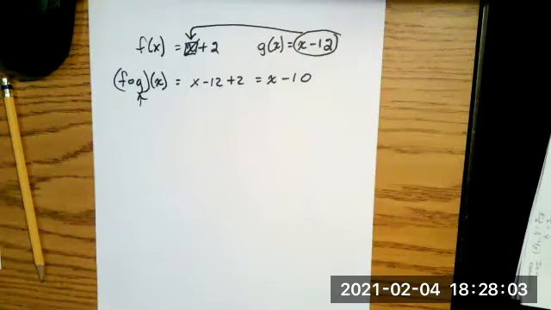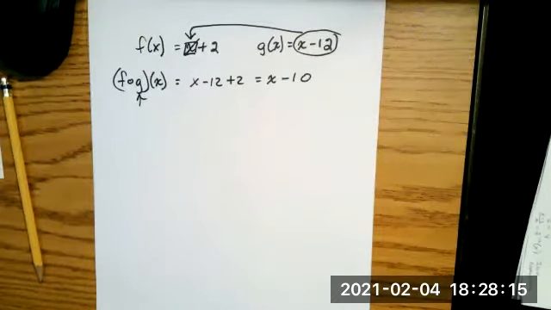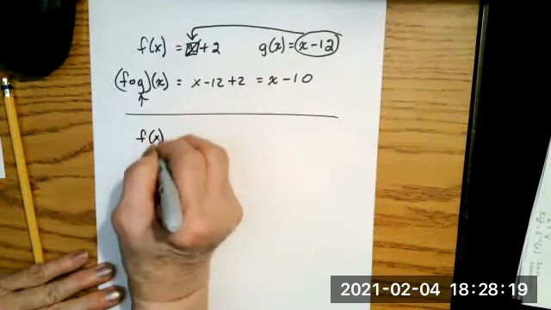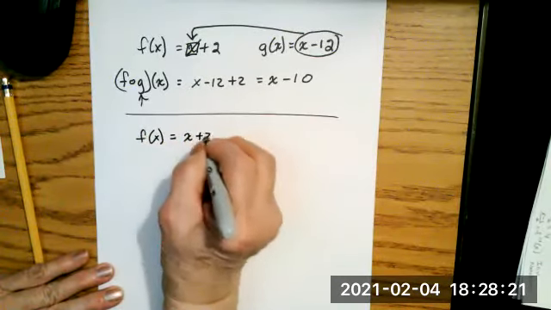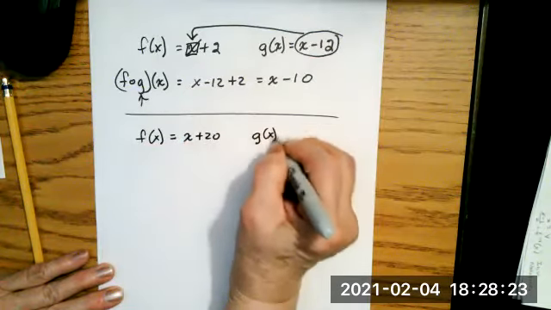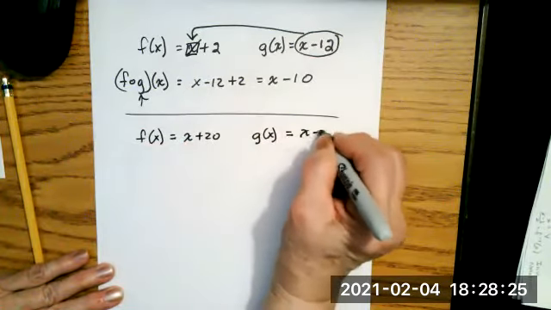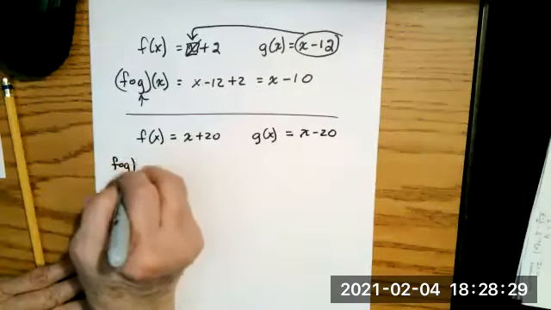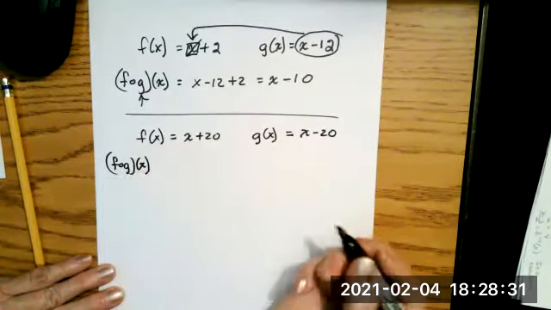Did anyone else have an issue with this one? I don't have that on my list of issues. That's really weird. See, I don't know if you can see it, guys, but I had one that a couple of people missed: f of x equals x plus 20 and g of x equals x minus 20, and you had to find f composed with g of x.